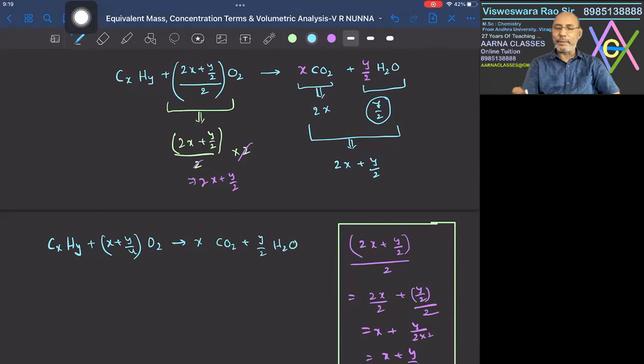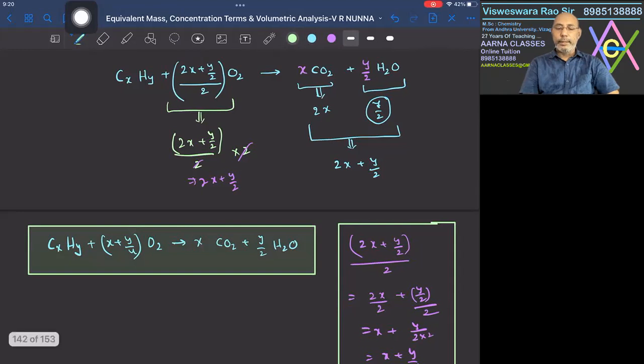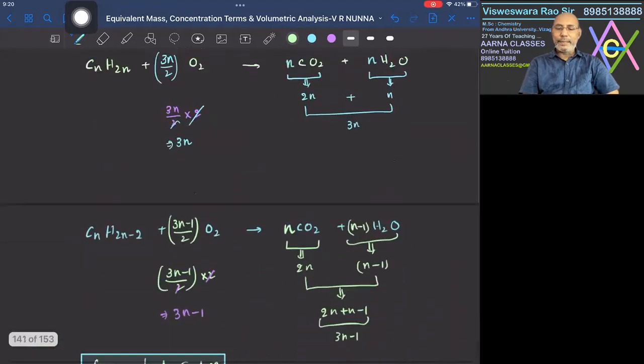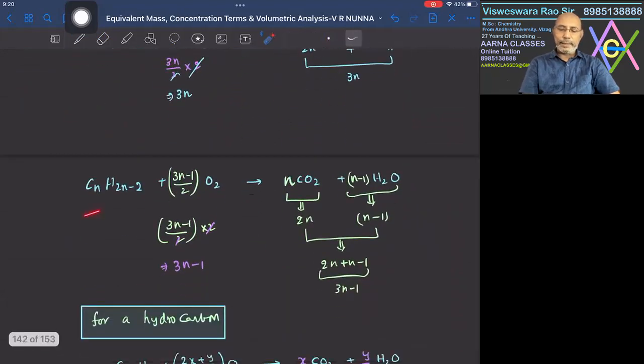I can write this balanced chemical equation whenever I need it while solving problems. So this is the general equation. If an alkane is given by the paper setter, we write like this. When they give some data, they will ask what is the formula of the hydrocarbon. This is one set of problems.